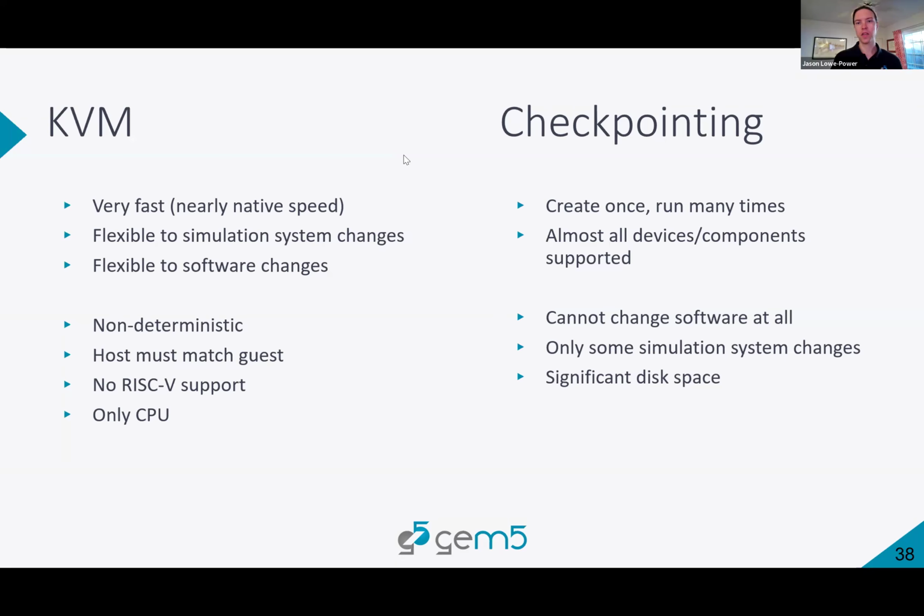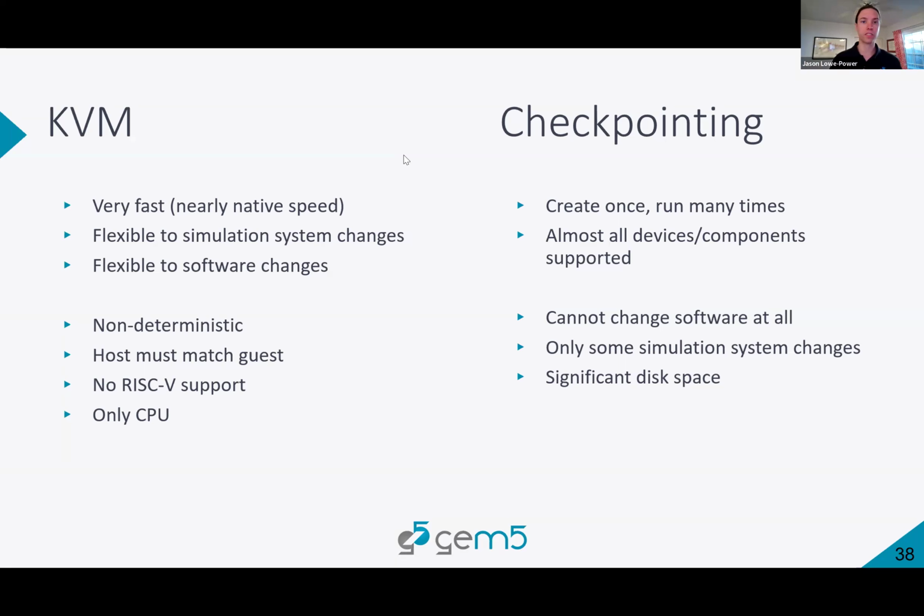On the other hand, we have checkpointing, which is cool because you can create the checkpoint once and run it many times. So if you're doing a big design space exploration, you can often use checkpointing to save a lot of time. And almost all devices and components are supported in checkpointing, whereas with KVM, there's a lot of devices and components that are not supported. But with checkpointing, you can't change the software at all, really.